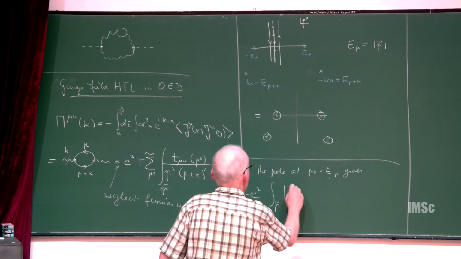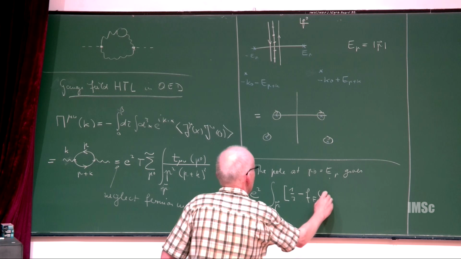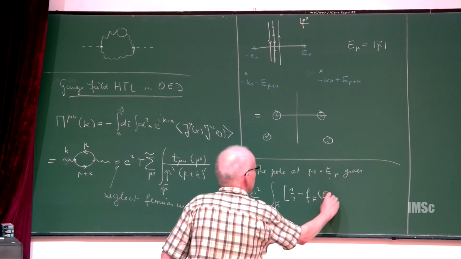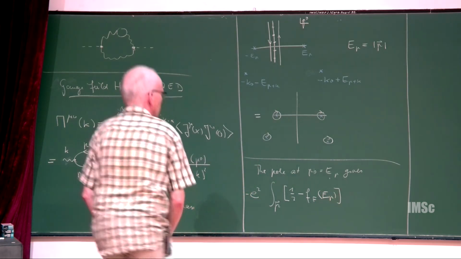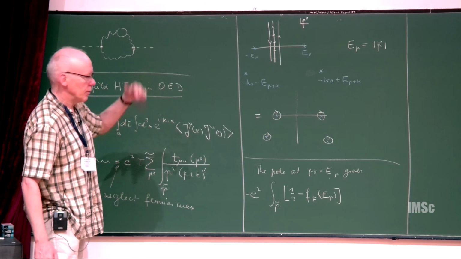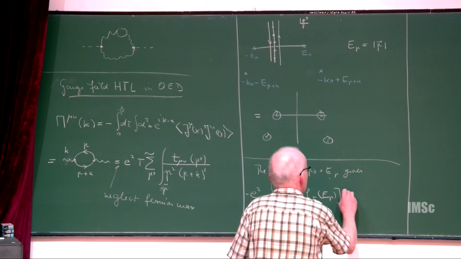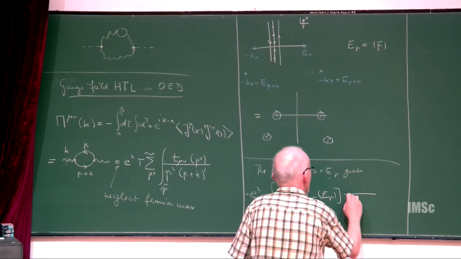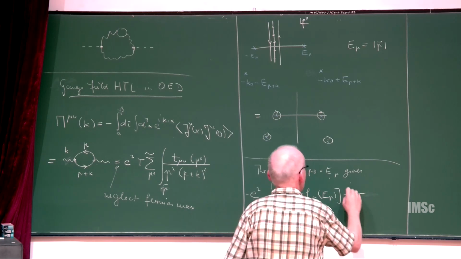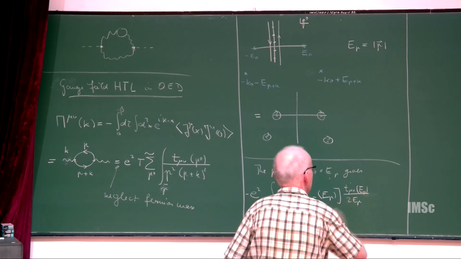From the contour trick, we have the minus 1/2, the Fermi distribution, evaluated at omega, and now we pick the pole at E_p, so it's omega at E_p. This propagator has the residue 1/2 E_p, so we have 1/2 E_p downstairs, and upstairs I have the T mu nu, where the p naught is also replaced by E_p.